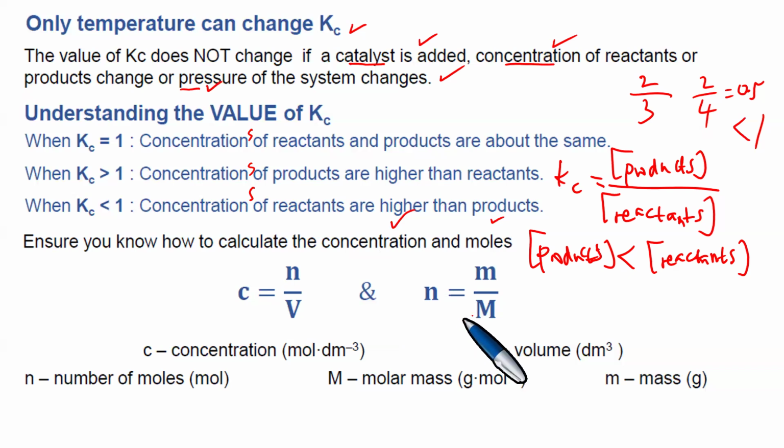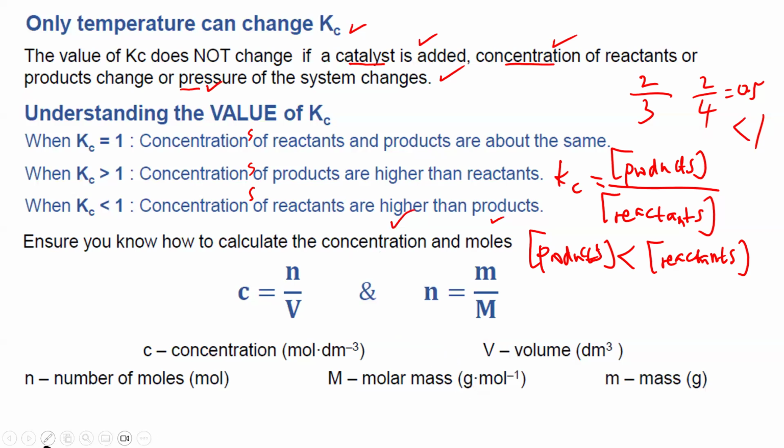It's mass over molar mass: the mass in grams divided by molar mass in grams per mole. Number of moles is denoted by the lowercase symbol n. We're good.